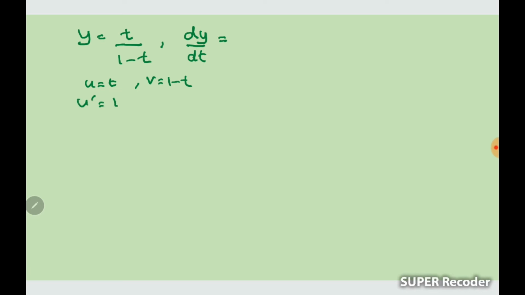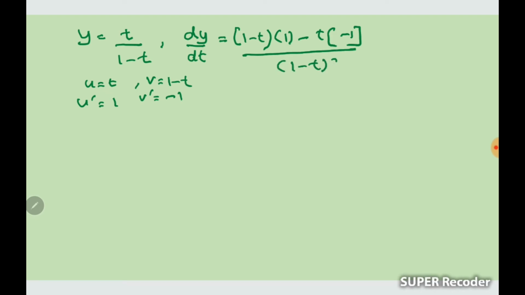Therefore, u prime equals 1, v prime equals negative 1. dy/dt is equal to v u prime, so (1 minus t) times 1, minus u v prime, t multiplied with negative 1, over (1 minus t) squared. Simplify, you will get 1 minus t plus t over (1 minus t) squared. Negative t and t cancel out, and the answer is 1 over (1 minus t) squared.